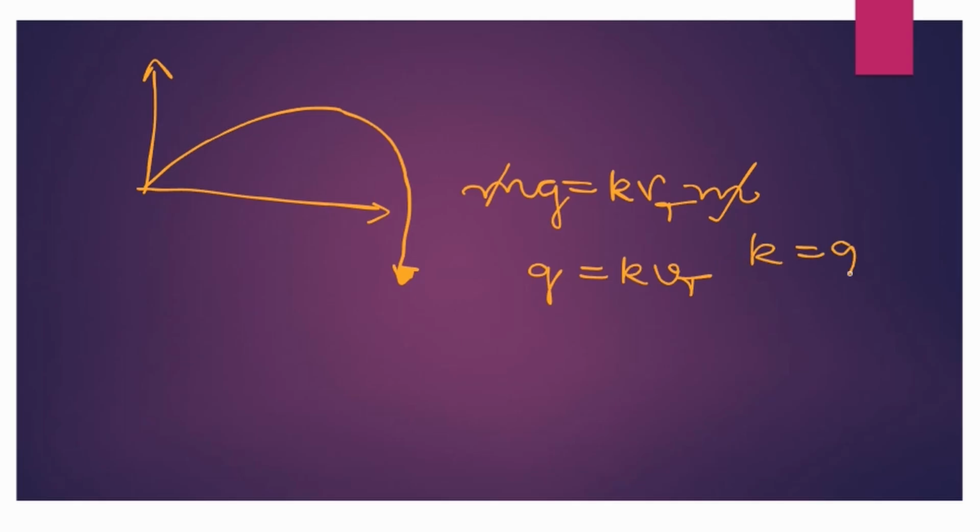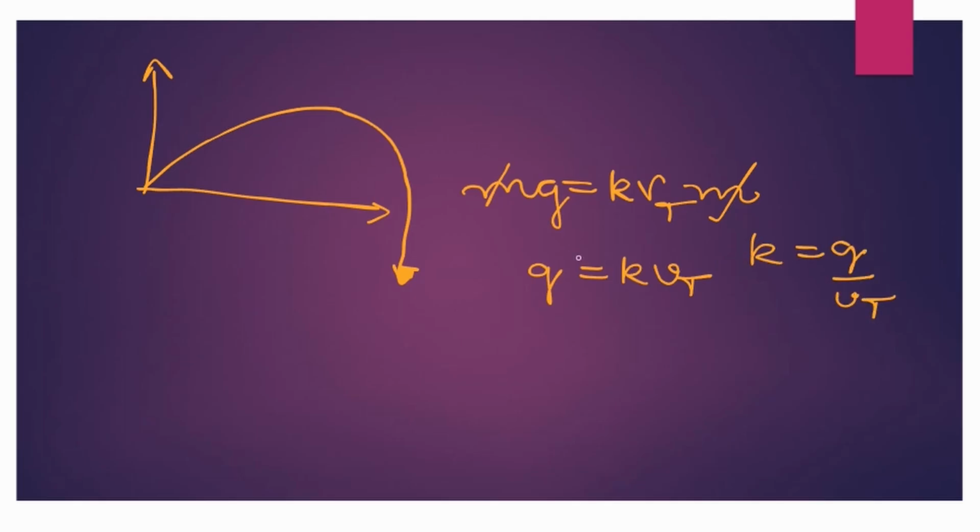It means the mg component of this mass should be equal to the viscous force, and that particular condition we call terminal velocity. M into acceleration, where acceleration is k v_t as mentioned. So this condition gives you g equal to k v_t. So from here I get the constant k, that is nothing but g by v_t.